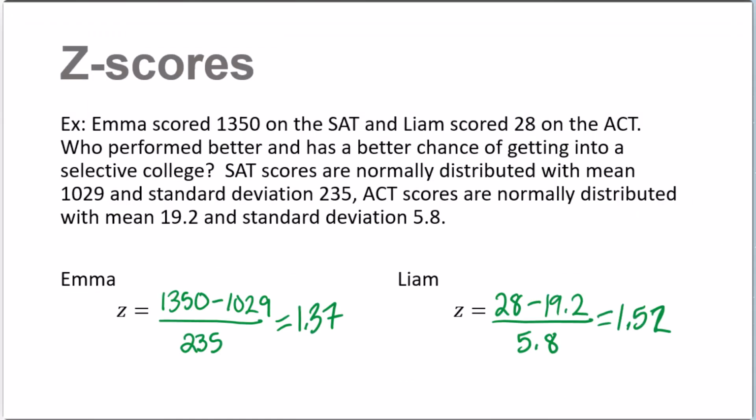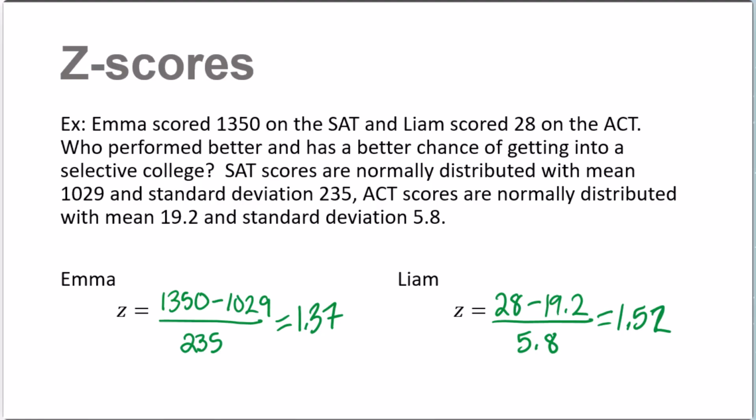Now I could use these z-scores in the z-score table to find out, for example, what percentage of people scored better than Emma or less than Emma. But in this case, I just want to compare these two z-scores. So both of these z-scores are positive, meaning that both Emma and Liam scored above the mean, which we could see pretty easily with the scores themselves.